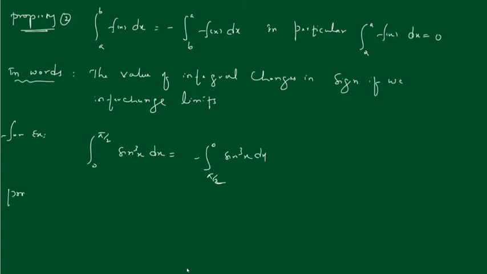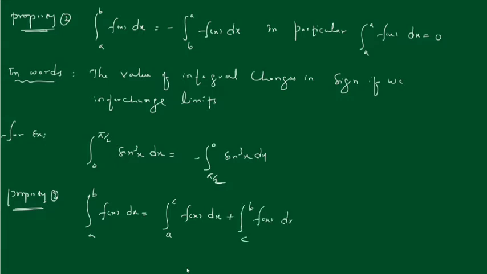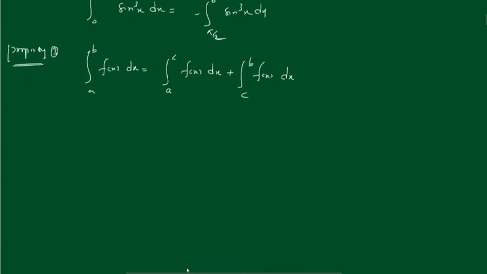Next, property 3. The third property: integration a to b f of x dx can be split into integration a to c f of x dx plus integration c to b f of x dx.